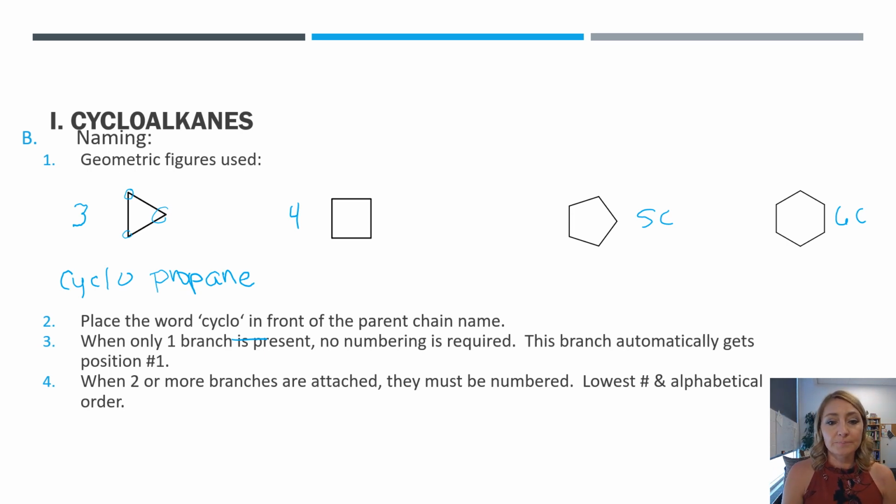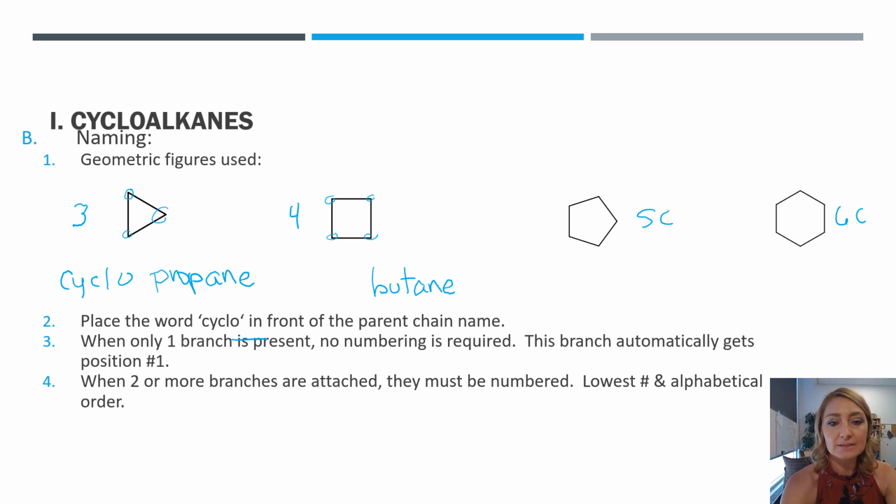In this next one, we have 4 points, 1, 2, 3, 4. So our prefix is but. And it is all single bonds, so ane, it's an alkane.